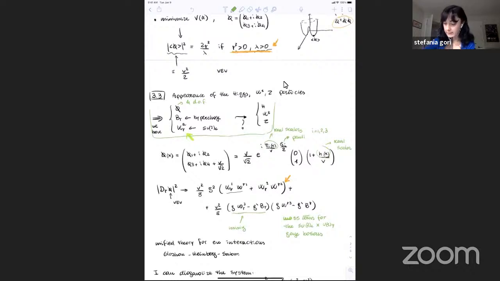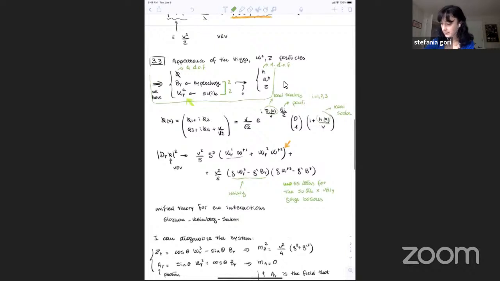And then these were massless gauge bosons, and therefore they had 2 degrees of freedom each of them. Okay, like a photon where you have two polarizations. We ended up after this Higgs mechanism with 1 degree of freedom, that is this Higgs particle here.